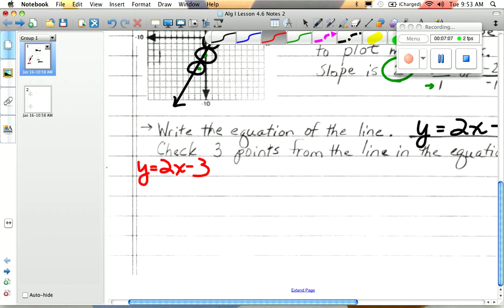Let's start with the first one, the one that Abby gave us. What was it again, Abby? 1, -1. So we're going to substitute in for y, we're going to put -1. In for x, we're going to put +1. We're just checking to make sure that this ordered pair really does satisfy this equation.